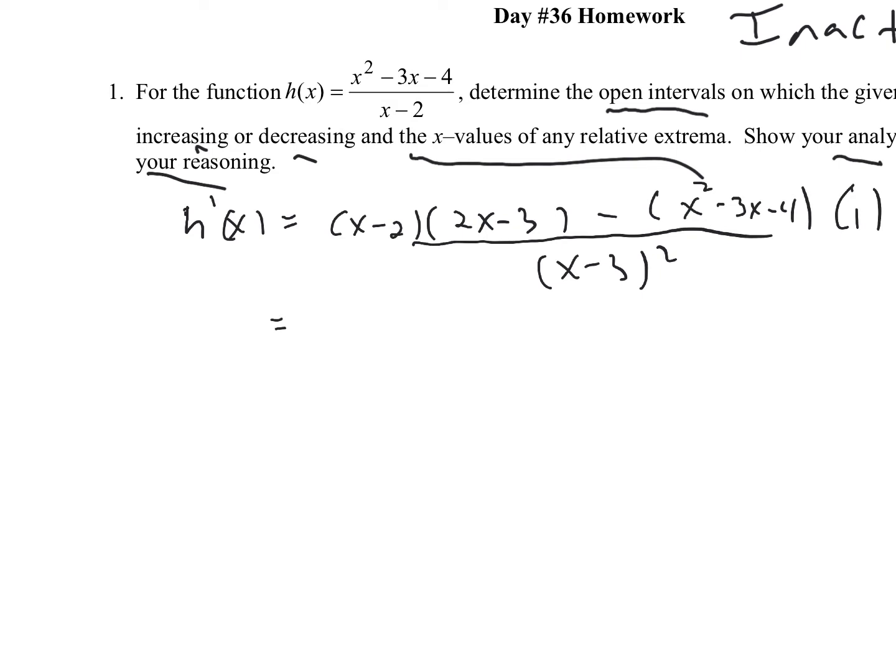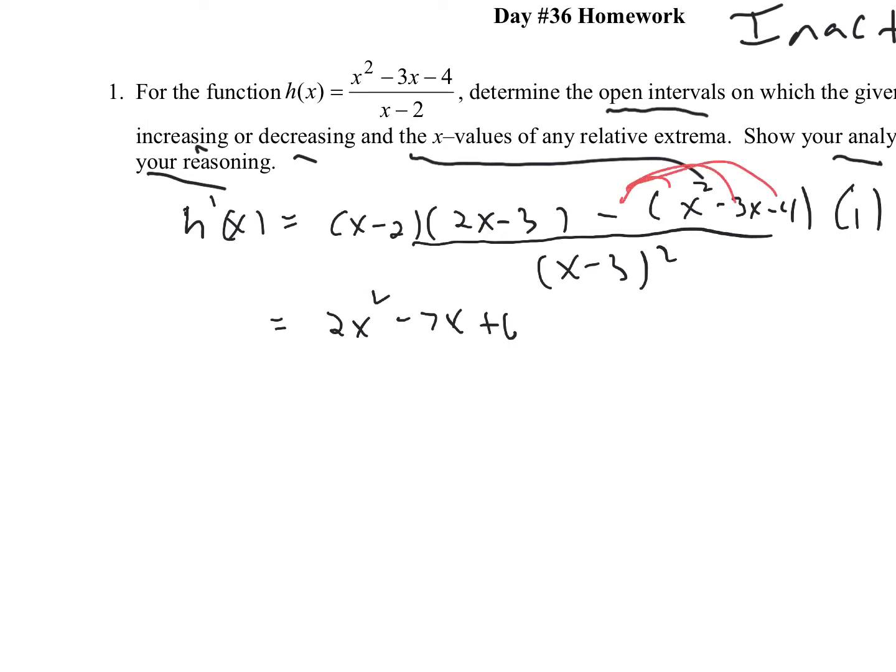If I square this binomial, it turns into 2x squared minus 3x minus 4x, so that's minus 7x, and then plus 6. Now I have to be careful that I distribute that minus straight through.